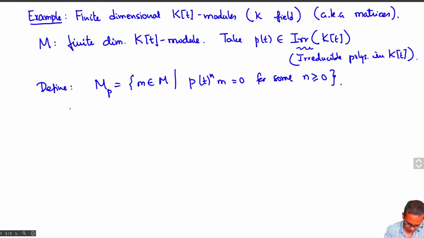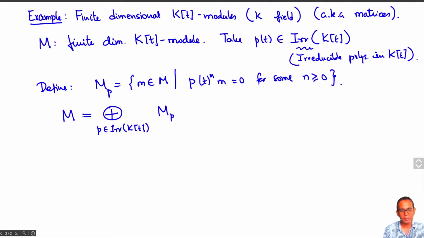Then again we know from basic module theory, and you can go back and look at the lectures on finitely generated modules over PIDs, that M is the direct sum over p irreducible in K[t] of M_p. And once again, M being finite dimensional, only finitely many of these M_p will be non-zero, and so this sum will actually be a finite direct sum.